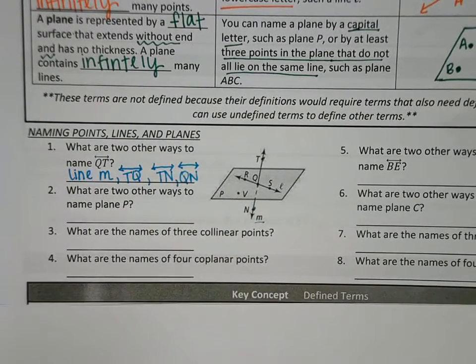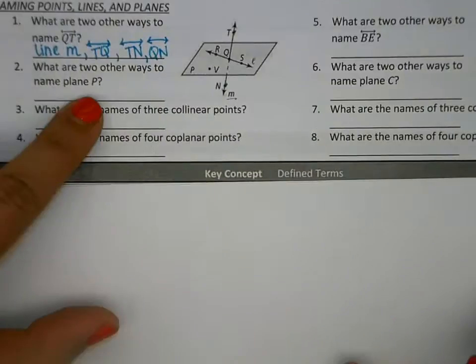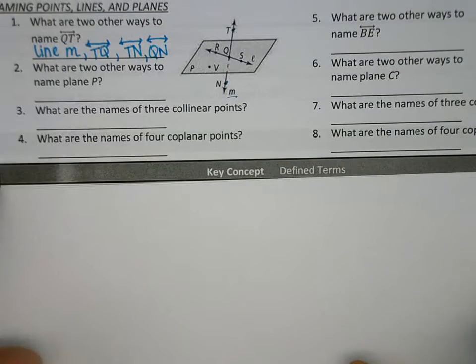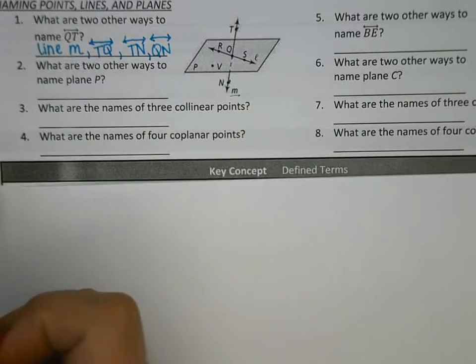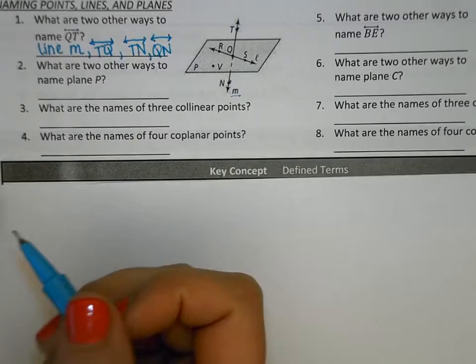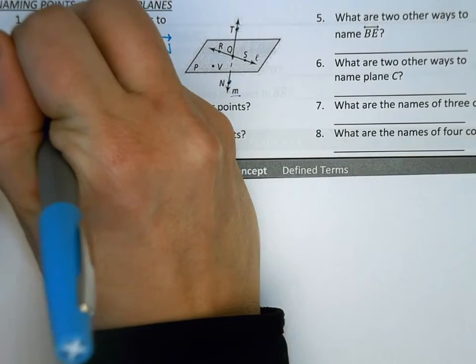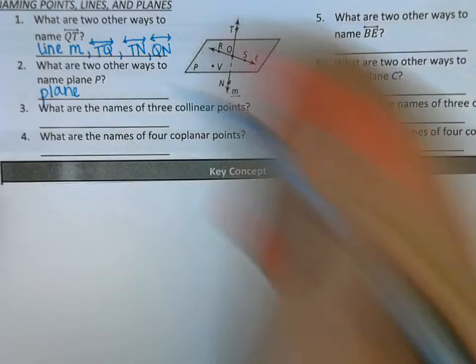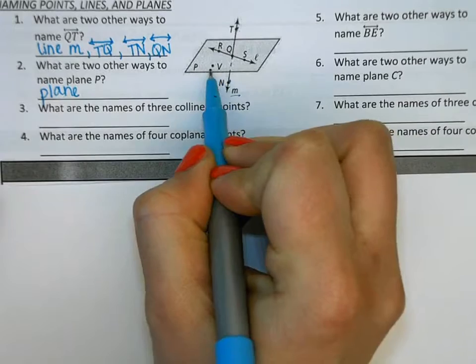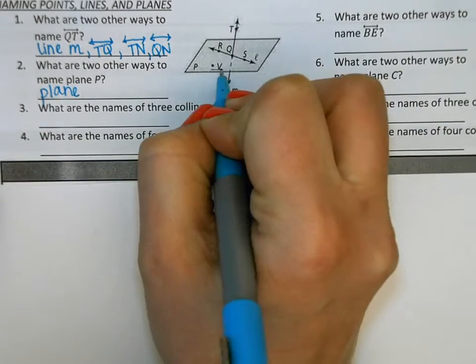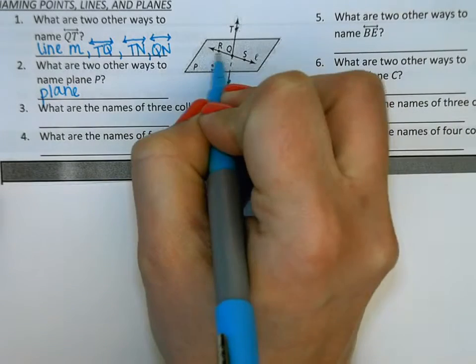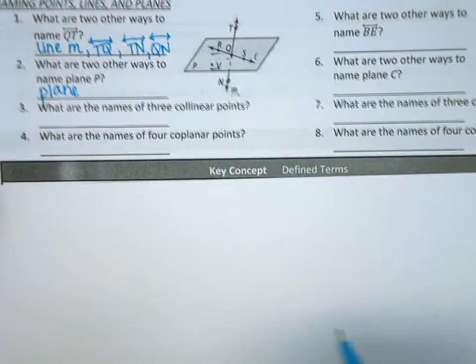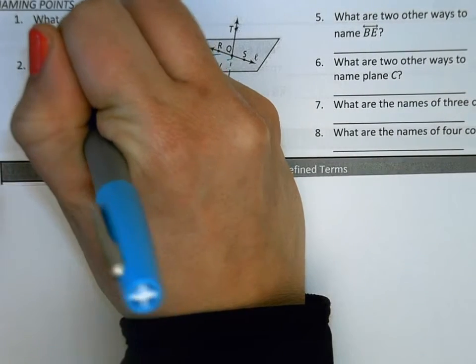No. So it already named the plane with a letter, so we can't use that. So let's look for 3 points that are not collinear. I see point V on the plane. R is on the plane, and Q is on the plane. So we could do QVR.